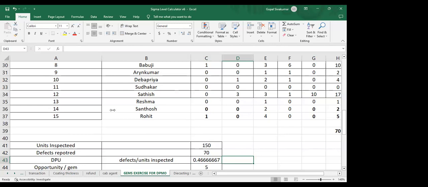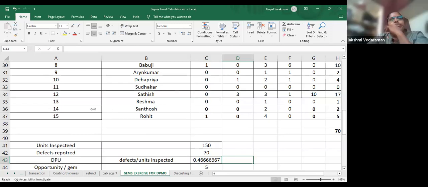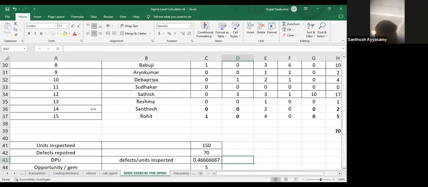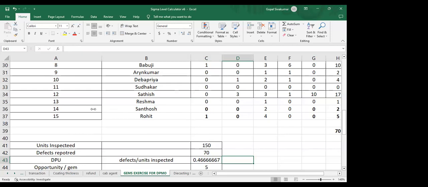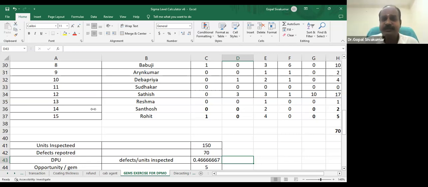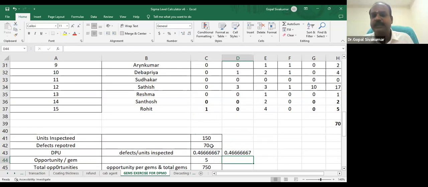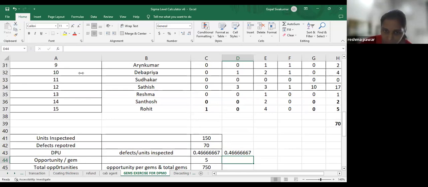Number of defects divided by number of units. Very simple, right? Defects reported is 70, units inspected is 150. When I divide that, what is defects per unit? 0.4666. All of you, can you see that?